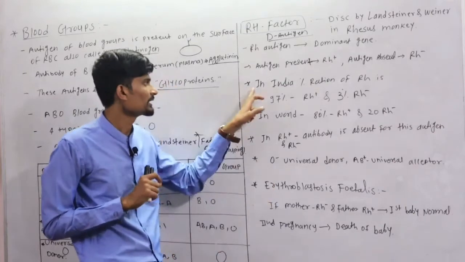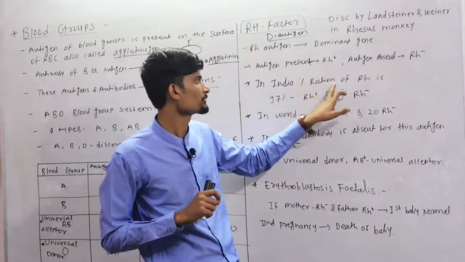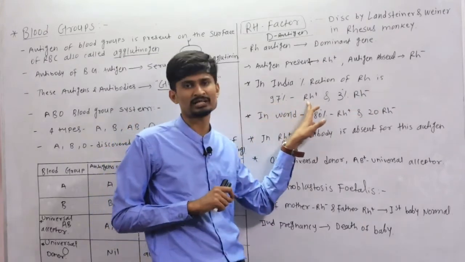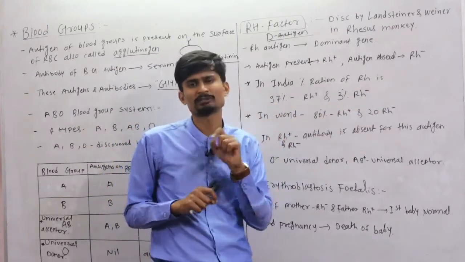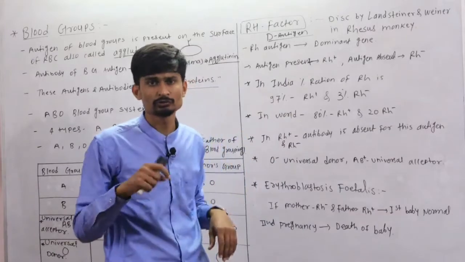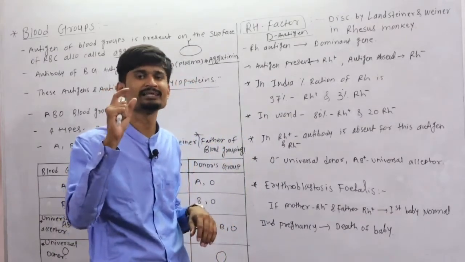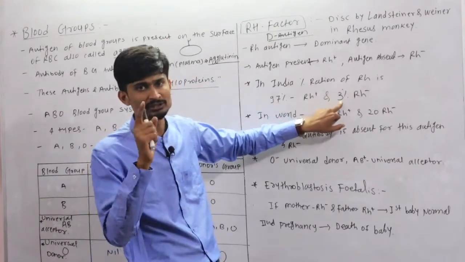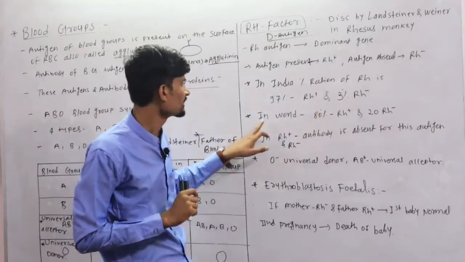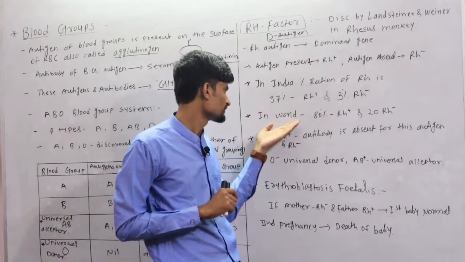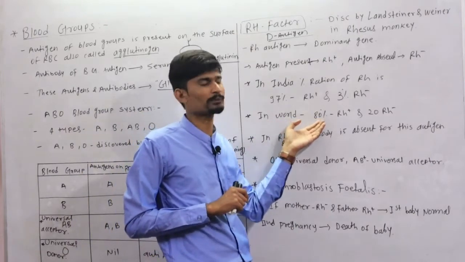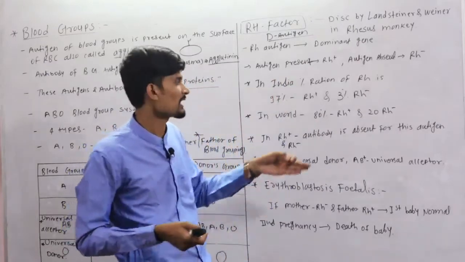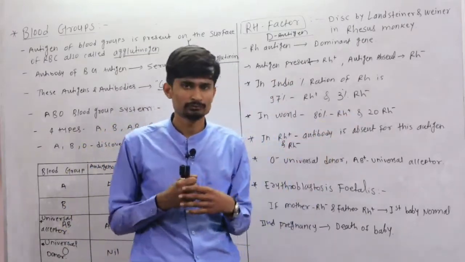So in India, the percentage ratio of the RH is 97% people are RH positive and 3% people are RH negative. So the negative proportion is very less, only 3% have the RH negative blood group. Then in the world, 80% people are RH positive and only 20% people are RH negative, students.